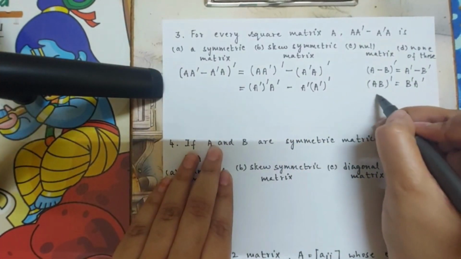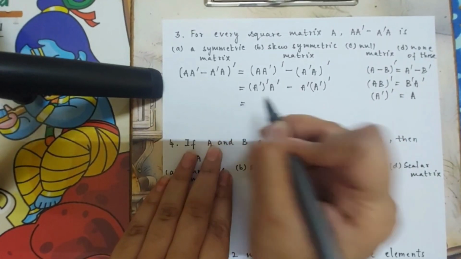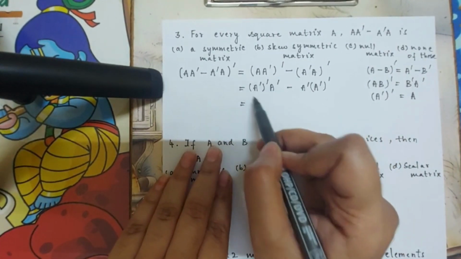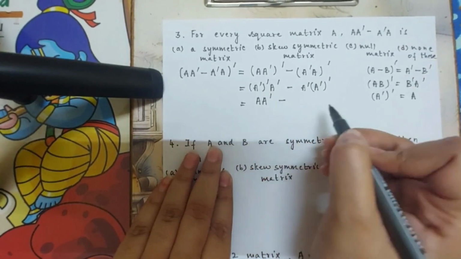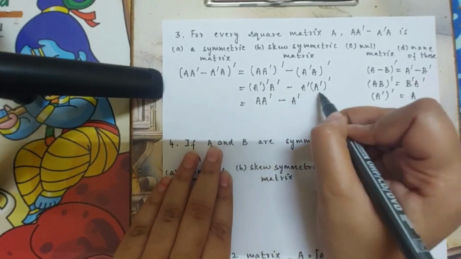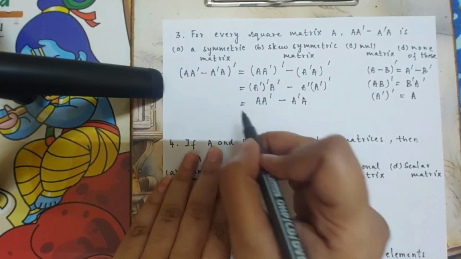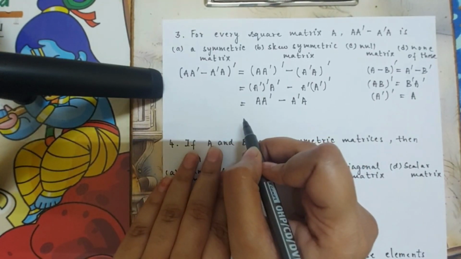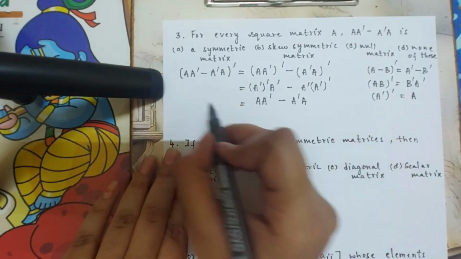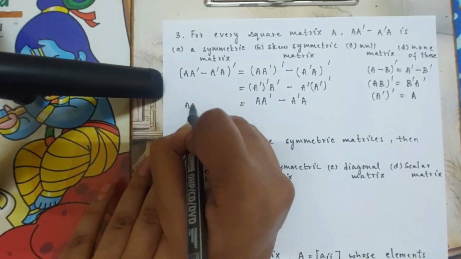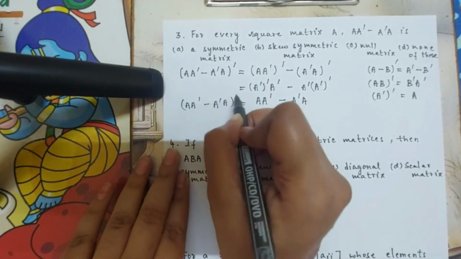So we already know that A dash the whole dash will be equal to A. So I'll replace this A dash whole dash with A, and keep A dash as it is, minus A dash. Again A dash the whole dash can be written as A itself. Now if I compare LHS with the RHS, this is A dash minus A dash A the whole dash.